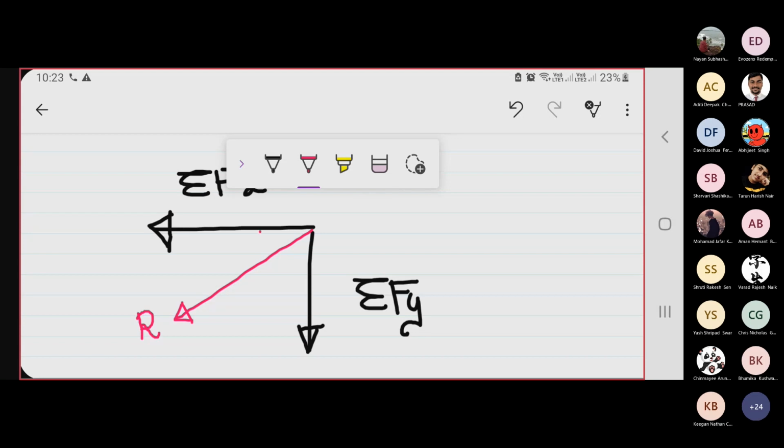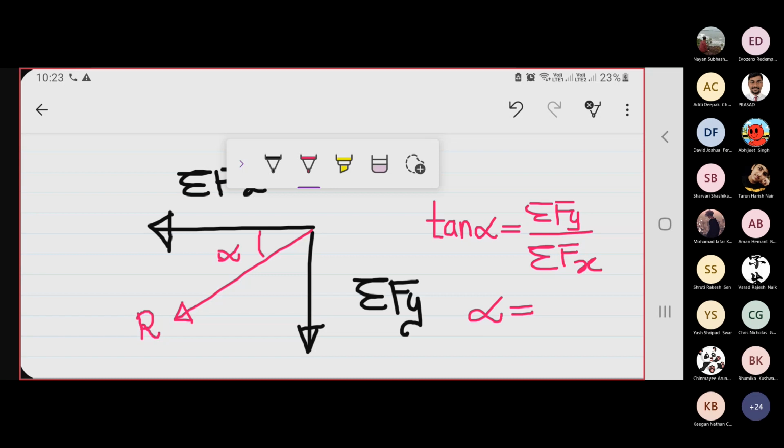Again, what will be its angle? Alpha. So tan alpha is equal to summation of fy, same, we have done this. Get alpha. Till this point, your numerical will be same.